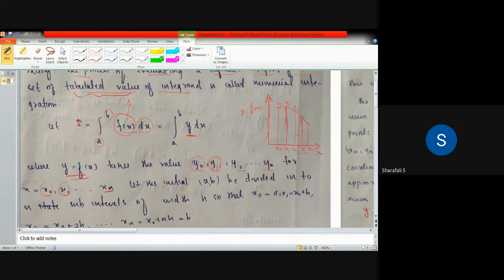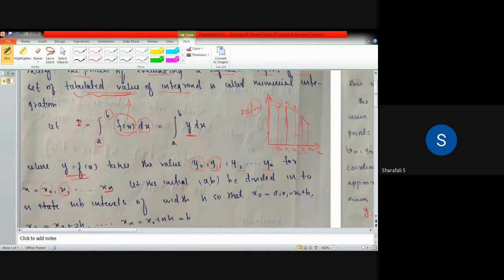If you consider this kind of curve, we are taking different y values for different x values and tabulating all those values. How can we do the integration with these tabulated values, instead of integrating the function directly? This kind of integration is useful when you don't have any definite integral result.